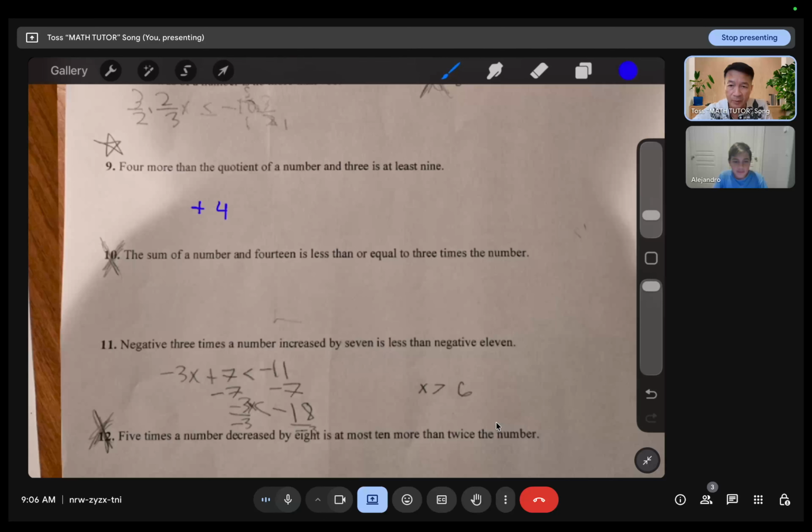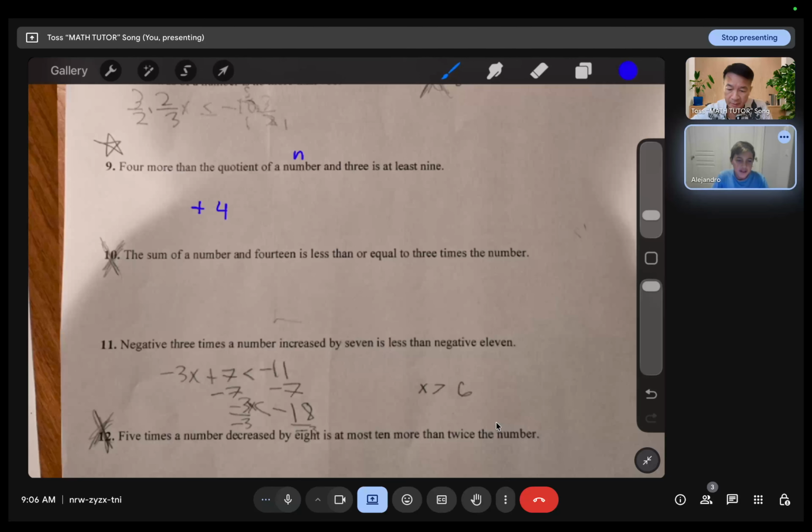Okay, now what about the quotient of a number and 3? Quotient is division, but you could write it as a fraction. You know what I mean? Do you want a number to be n? Let's use n. We can use x, but let's use n this time.